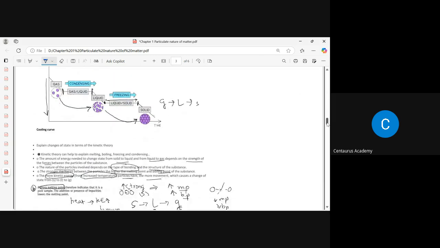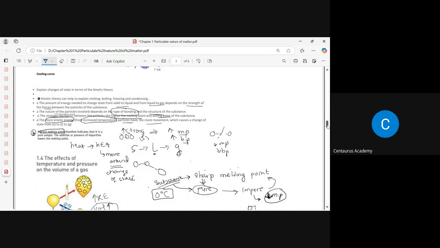Moving on furthermore, let's go through certain questions which usually come up in your paper, specifically in paper 2 and paper 4. They refer to sharp melting point and sharp boiling point.